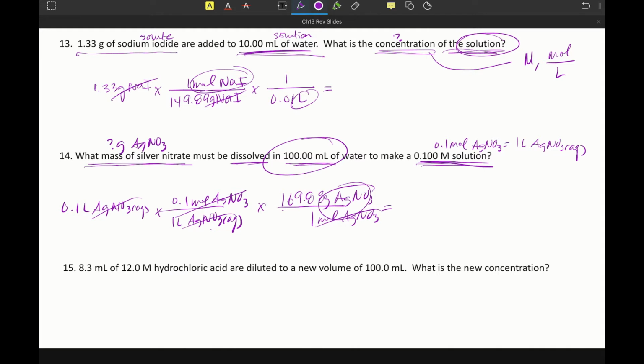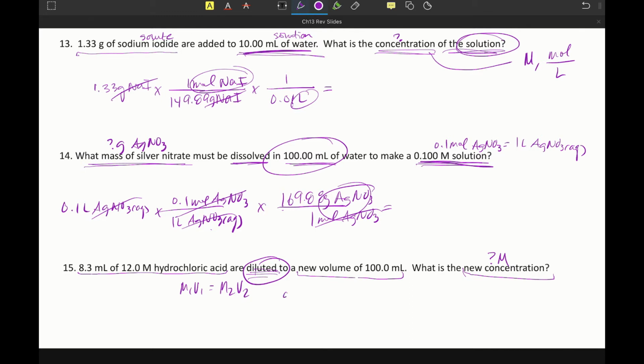Yes? All right. Next up, it says we've got this volume of that concentration hydrochloric acid, diluted to a new volume. What is the new concentration? And again, new concentration means new molarity. We've got keywords in here like diluted. So what are we supposed to do here? This is simply M1V1 equals M2V2, where your units need to match on either side.